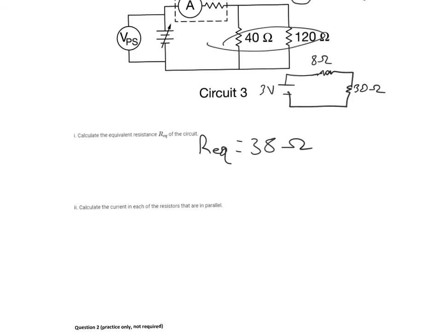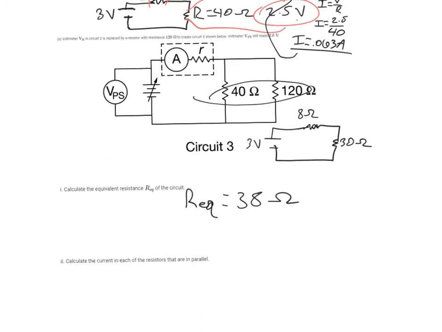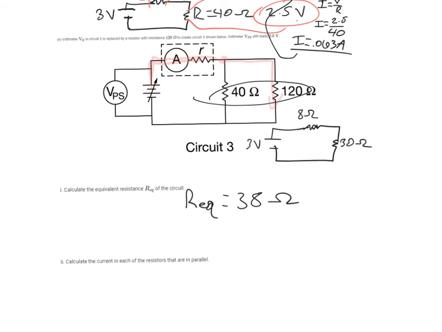So remember, a circuit like this is a combination circuit. In a circuit like this, current's going to come out the positive side, and it's going to branch off and go through here. So we need to know what that total current is going to be, so that we know how much voltage each one of these is getting. If we know that, then we can find the current through the individual resistors in parallel.